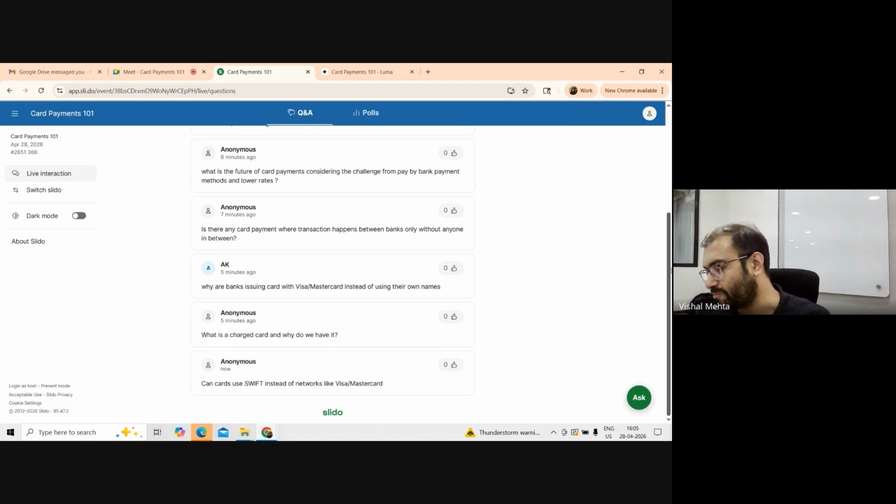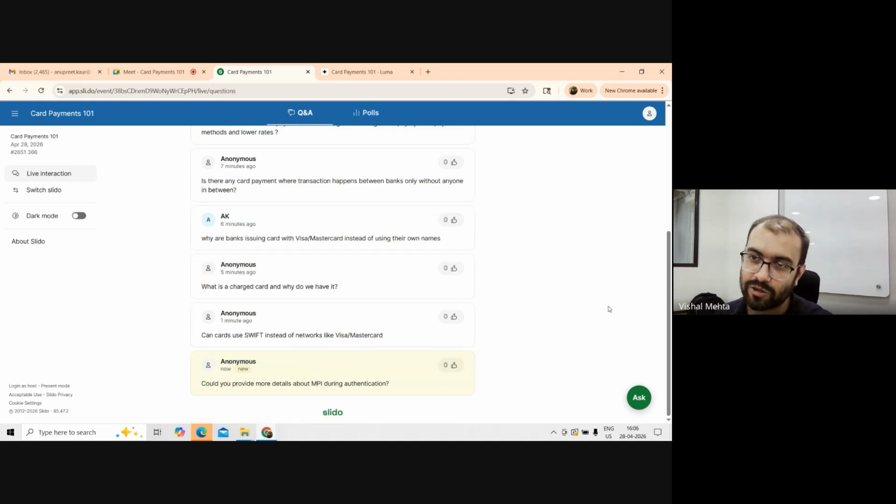The settlement layer is separate. And this is why stablecoins, while they are challenging the cards, you also have card networks coming up with cards on stablecoin rails or crypto rails. Whereas you don't have cards on the SWIFT network because SWIFT is just a messaging layer.